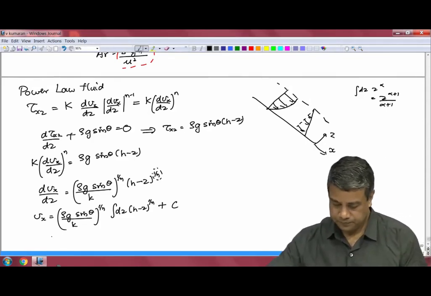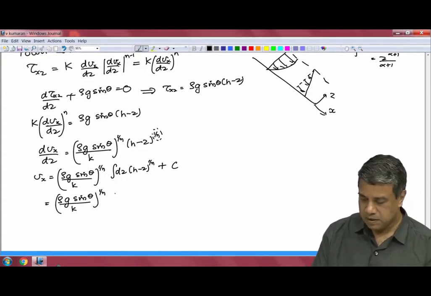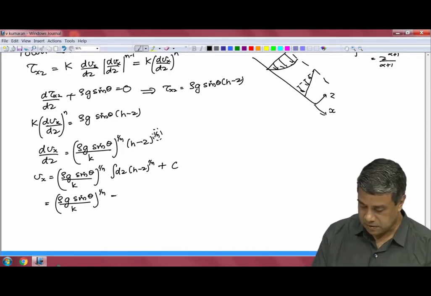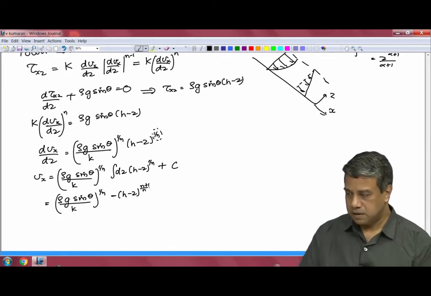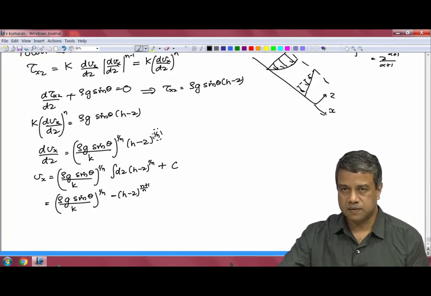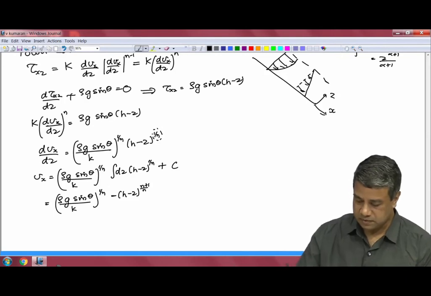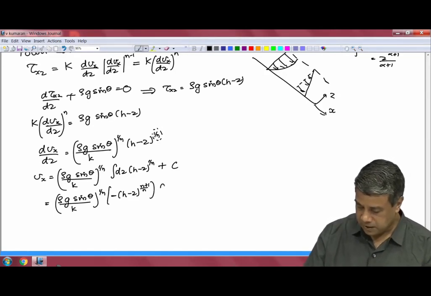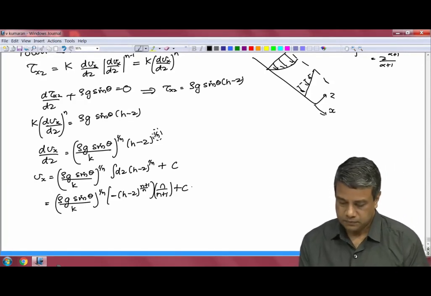The integral of this is equal to minus h minus z power n plus 1 by n. Alpha is now 1 by n, so alpha plus 1 is n plus 1 by n, and I have 1 over alpha plus 1, so I have to multiply that by n by n plus 1, plus a constant. So, that is the expression for the velocity.